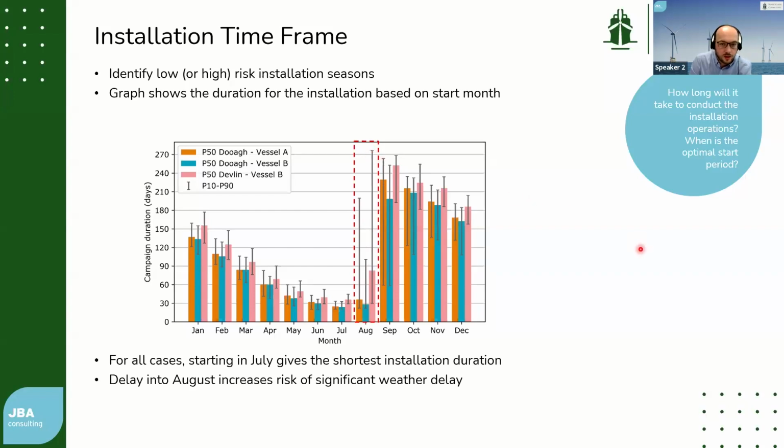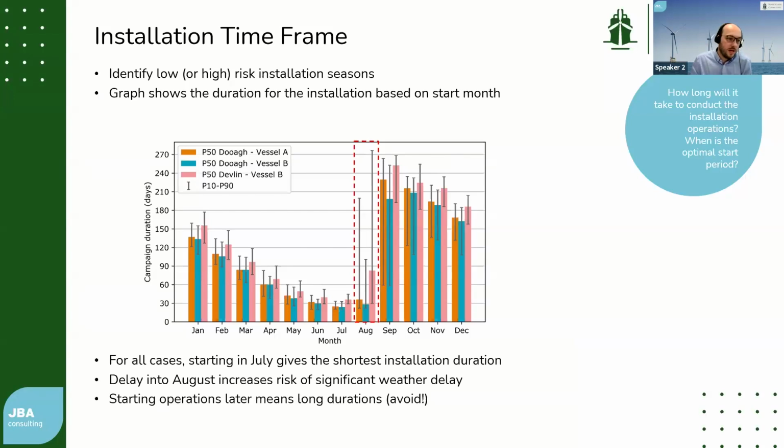This is very important for a wind farm developer or an installation contractor to be aware of, because if they wanted to start in July and any unforeseen delays pushed them into August, this could have quite significant detrimental impacts. So they might want to build that into their planning.